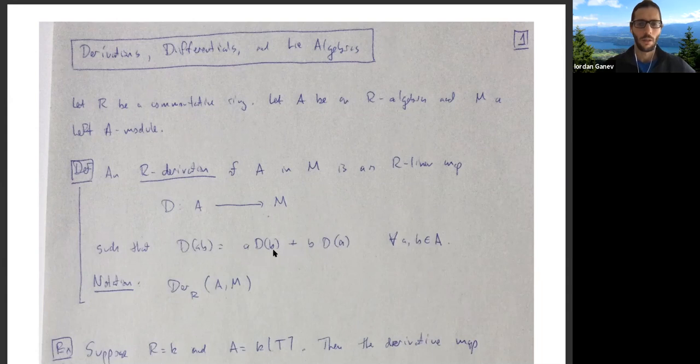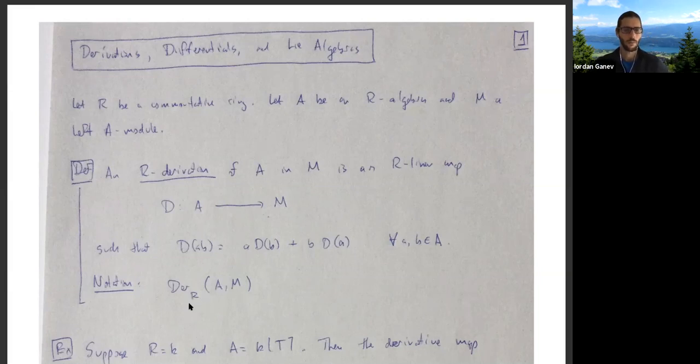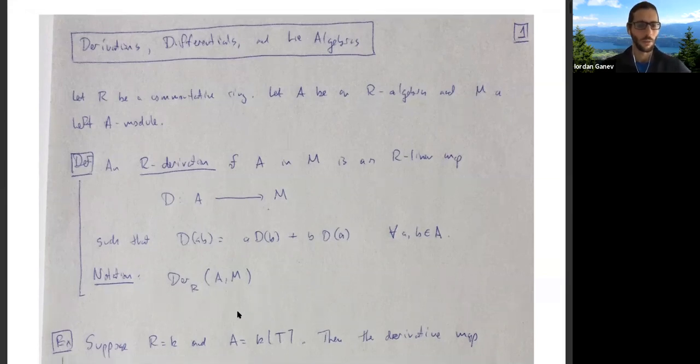So we have b times D(a). So it splits up in this way. In particular, it's not an algebra homomorphism, but it's still an R-linear map. So it's a different sort of beast. The notation that we'll use for R-derivations is Der_R(A, M). If R is clear from the context, then I'll sometimes drop the R, but that's the notation.